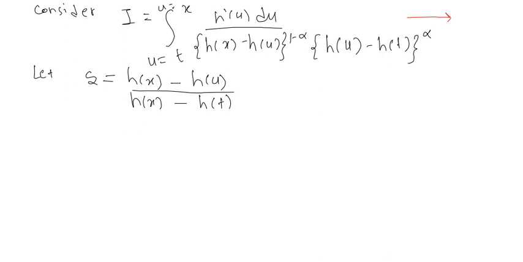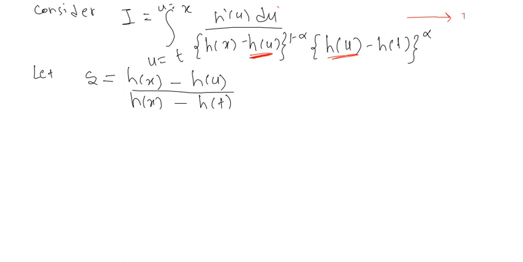Okay, so I will have to calculate what is h of u. So we will calculate what is h of u first, then we will substitute for this du as well and change the limits.